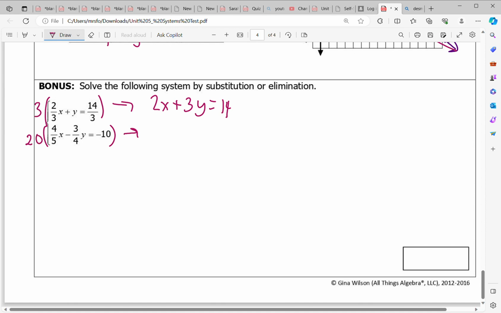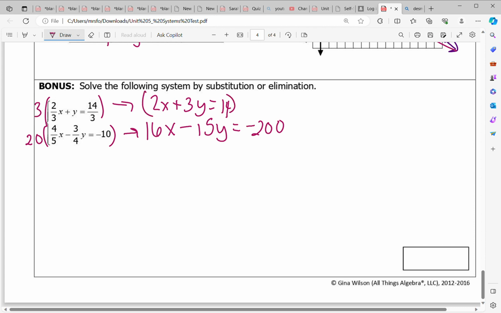So, that would give me a 16x minus 15y equals negative 200. And so we still can't do anything yet. So what I would do is then multiply this.